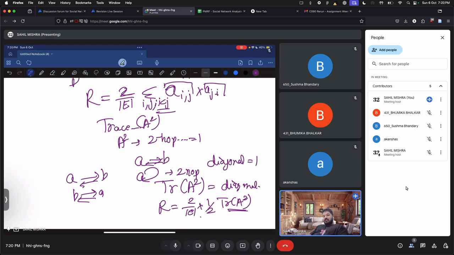So that's why we divide it by 2, because there are duplicates in the trace matrix. So once we divide by 2, this becomes just simple trace upon E. Remember this, this will come in exam in this formula or in this formula. These things will come in exam.